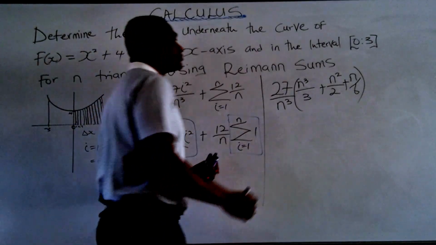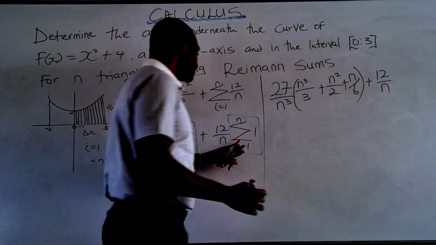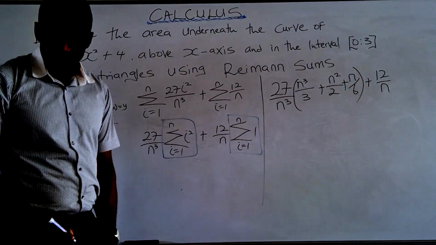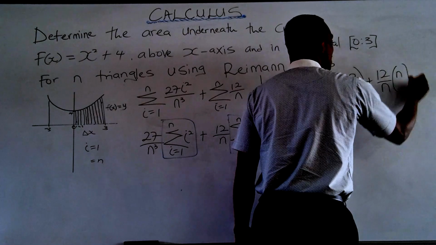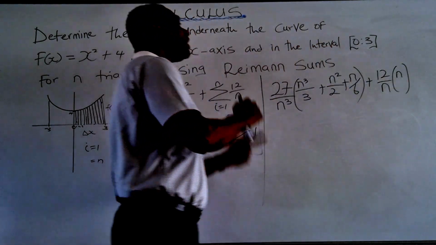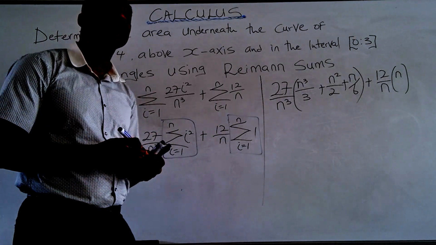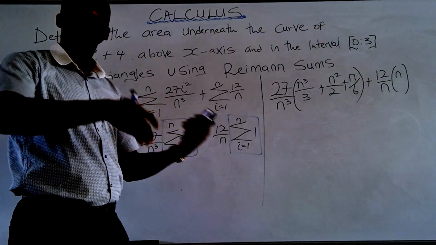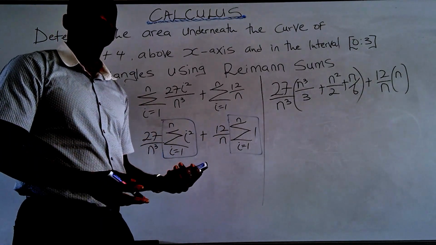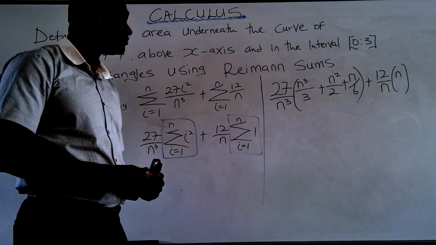And then we go to the next one, plus 12 over n, and then the summation of 1 is n. Remember, we are working for n number of rectangles under Riemann sum, and this will give us an estimate that we can use to check for even multiple rectangles. So it can go on and on depending on the number of rectangles that was applied.